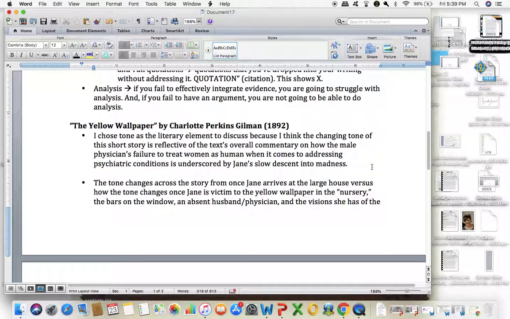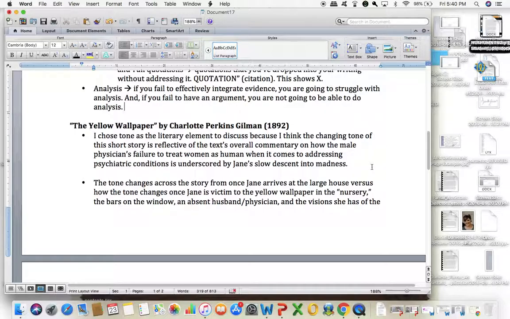But I chose The Yellow Wallpaper by Charlotte Perkins Gilman, and I'm going to give you a template for a topic sentence, and I want you to use the template. Don't veer from it. It'll make your life easier, and it'll get you more into the habit of what a topic sentence should look and feel like.